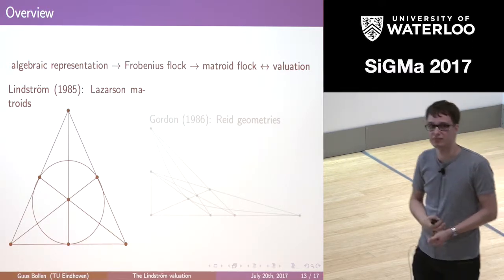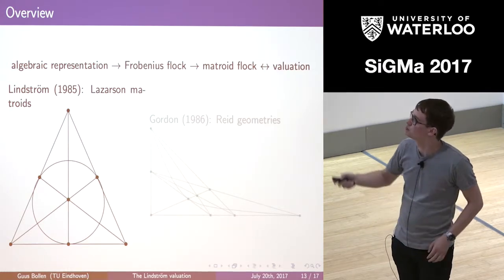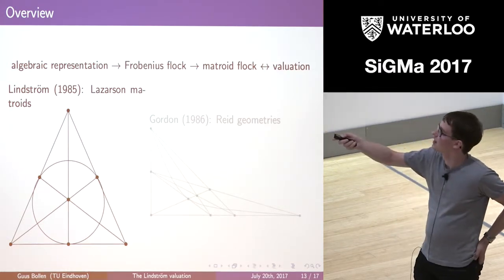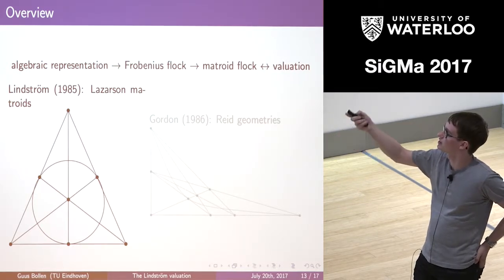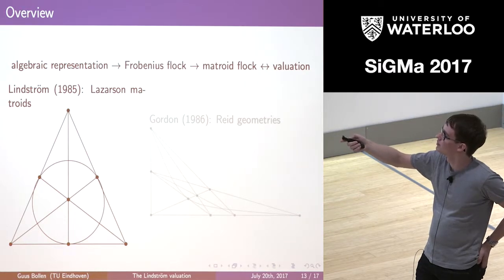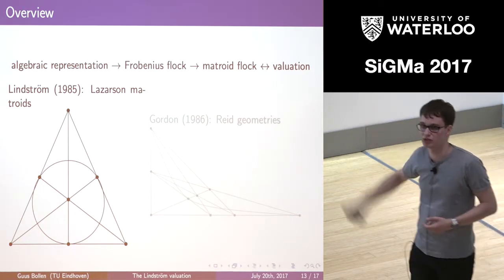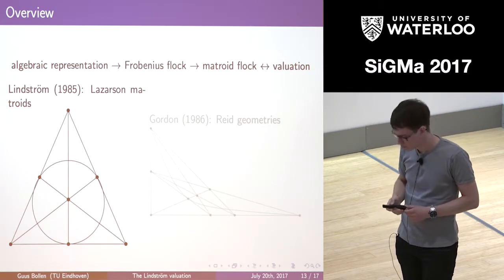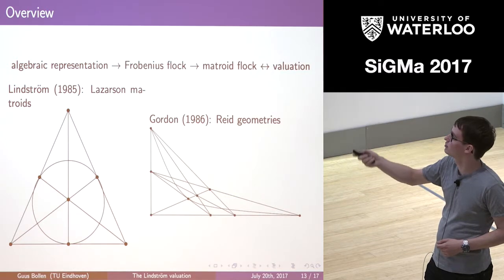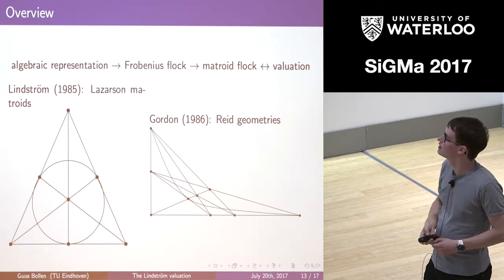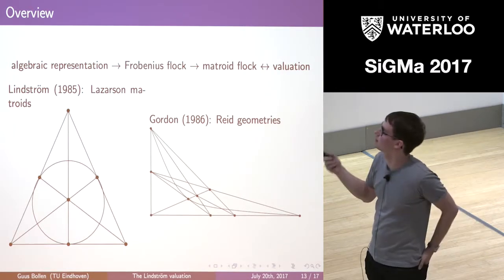But that can only happen in characteristic 2. So if the Vámos matroid is algebraic in characteristic P, then P must be equal to 2. And Gordon had a similar result for Reid geometries in 1986, and in view of time, I'll skip that for now.